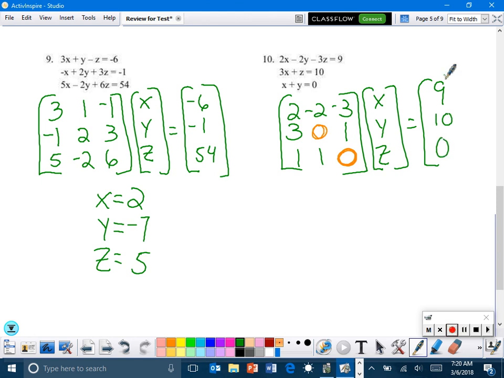Again, I made all of these problems so that there would not be decimal answers. If you're getting a decimal answer, then you messed up somewhere. Go back and fix it. All right, I'm going to go ahead and type this one in quick.